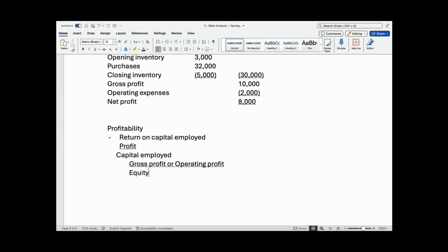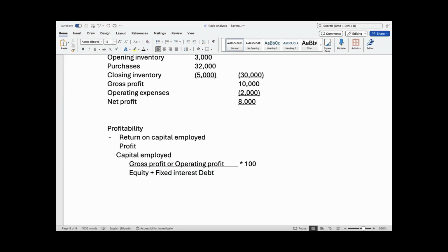Make sure the capital employed you use is equity plus fixed interest debt. When I say fixed interest debt, I mean debt that you pay fixed interest on, like your loan notes or your debentures. Those are fixed interest debts. Of course, remember, multiply by 100 over 1.